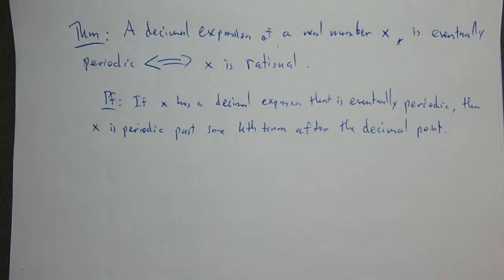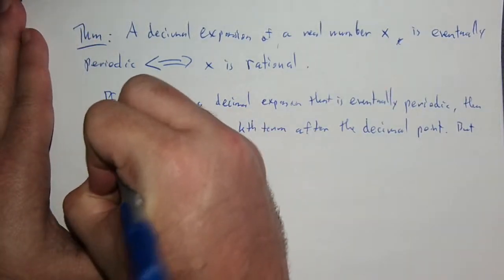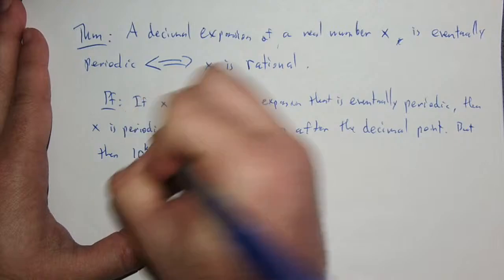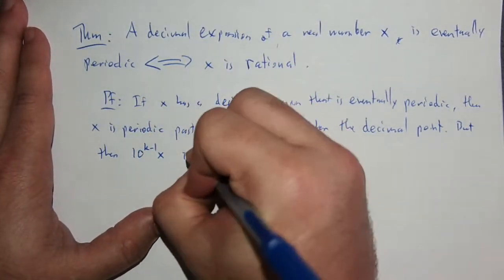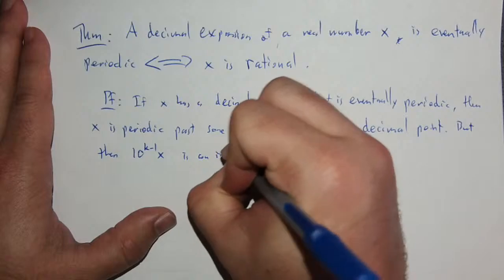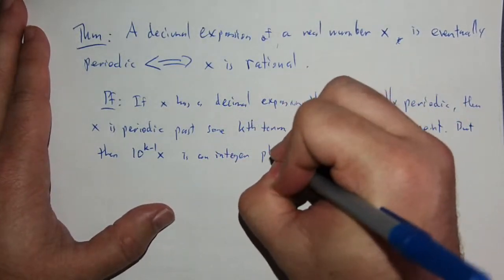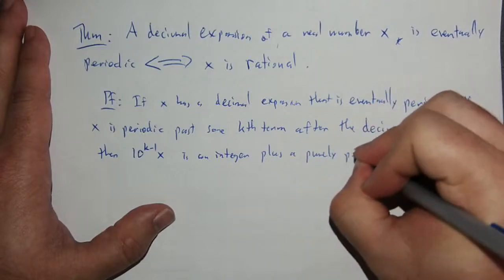But then 10 to the k minus 1 times x is an integer plus a purely periodic decimal.